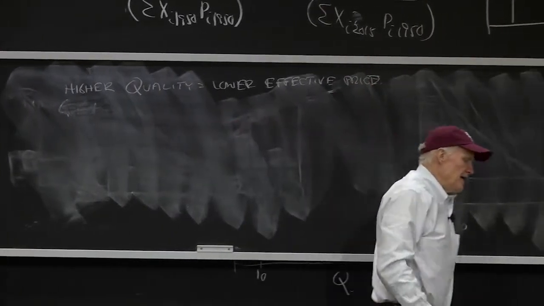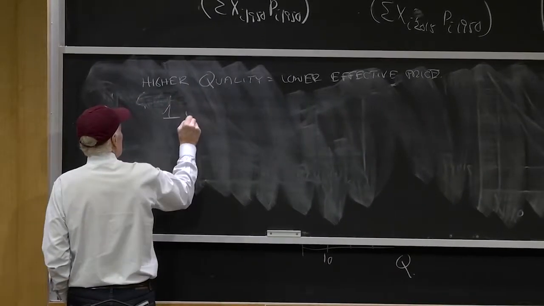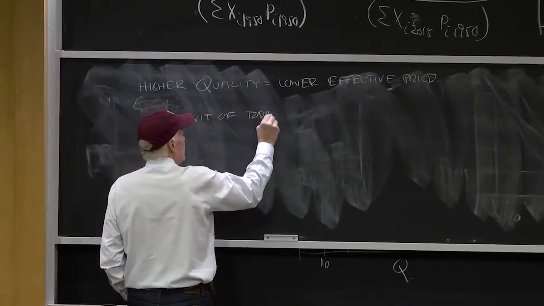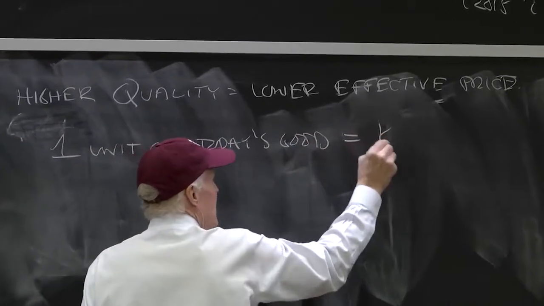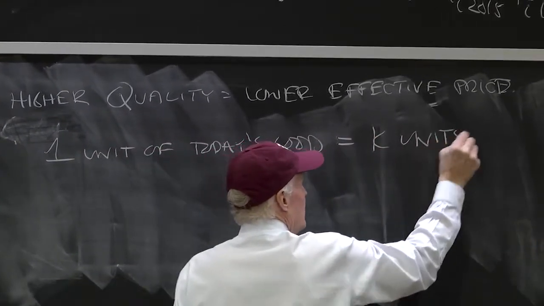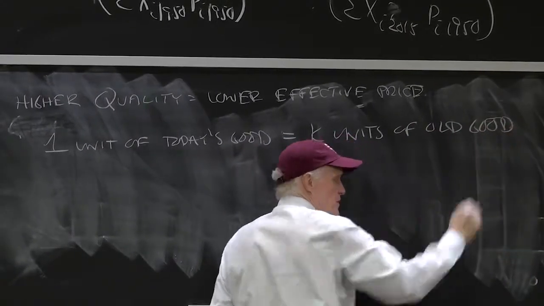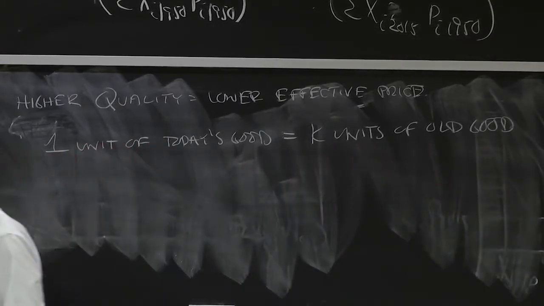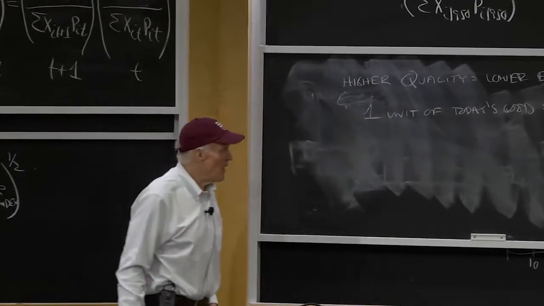So the idea is 1 unit of today's good equals K units of the old good. You can think of this as a special case of your world, where I'm just saying whatever the stuff is, this thing has K times as much as what the old one has. That is, the quality is K.